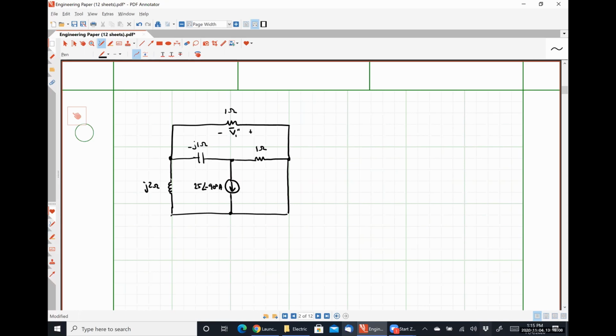So as a method of last resort, we would have to do either nodal analysis or mesh analysis here, right? So with that in mind, we literally can't do anything else. Which one would you guys prefer to do?